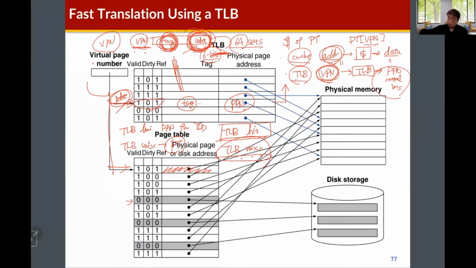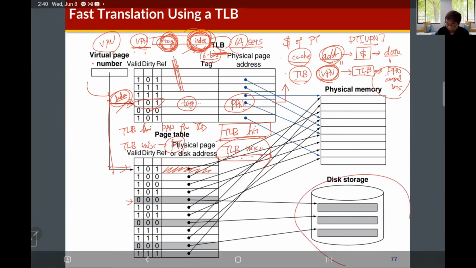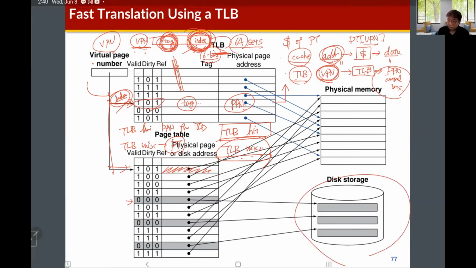And you need to remember the original purpose of this virtual memory concept. So we want to use the physical memory like a cache. Okay. So the requested page can be found in the main memory, or the requested page may exist in the hard disk drive. Okay.